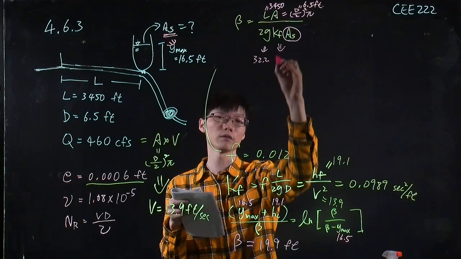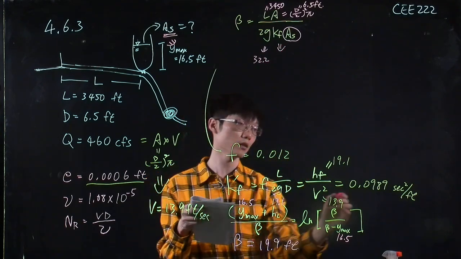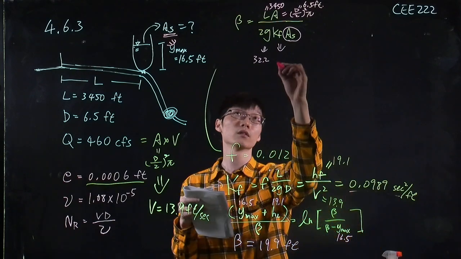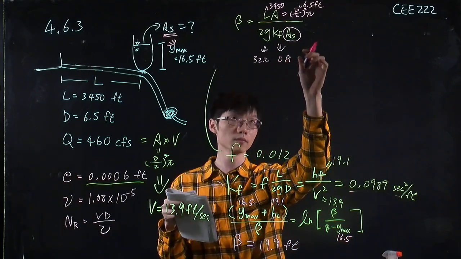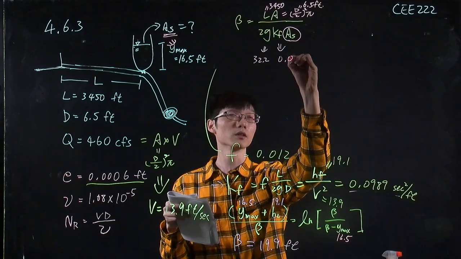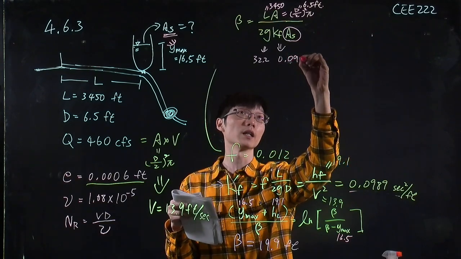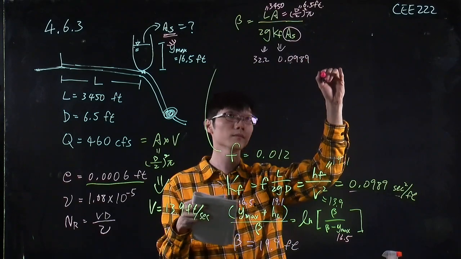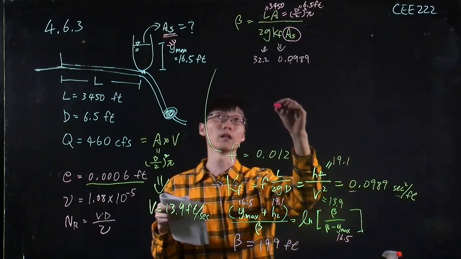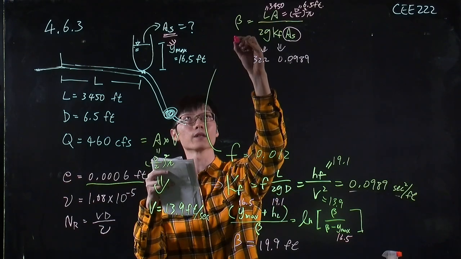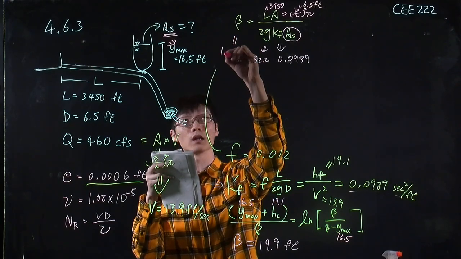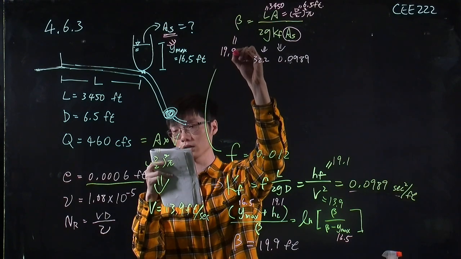The Ka that we just calculated here is equal to 0.0989, and the beta, we already know this. This is equal to 19.9.